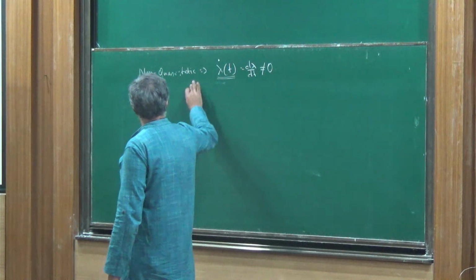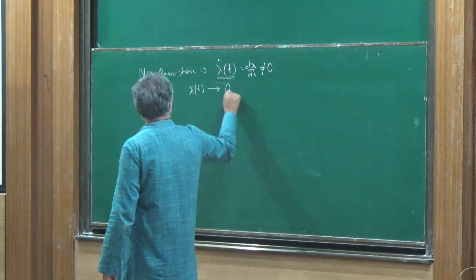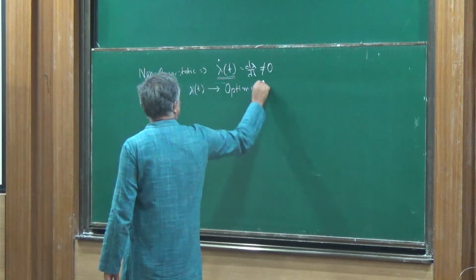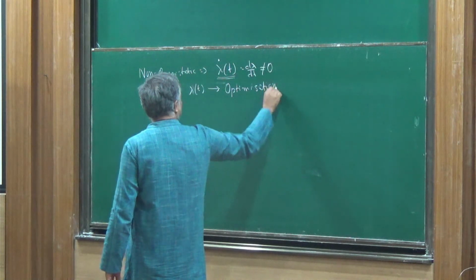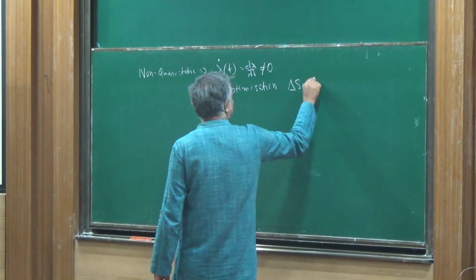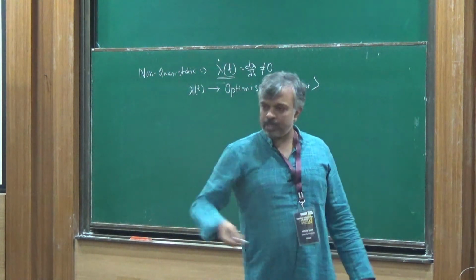So lambda t will be decided by optimization of delta S total. So we'll optimize the dissipation.